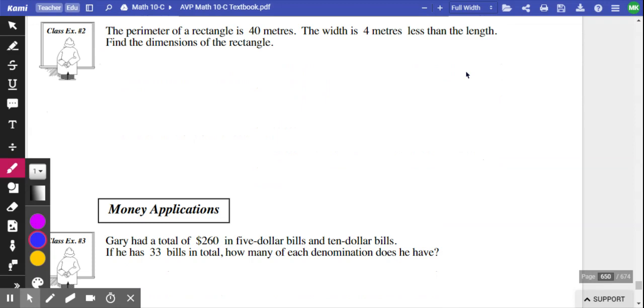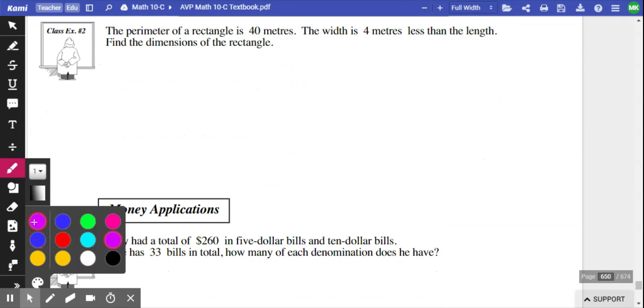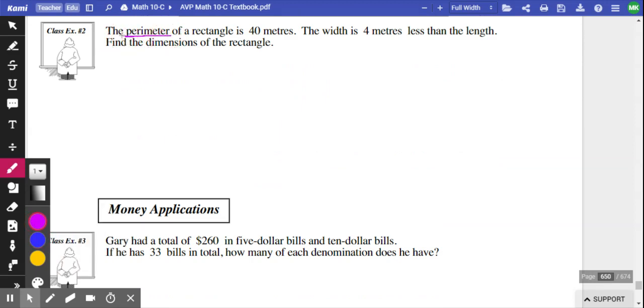For us, when we do perimeter questions, we need to remember what perimeter means. Pretty important. Perimeter is the distance around the outside of something. Right? So if we did perimeter around this room, I would measure all the walls, all the way around the room.